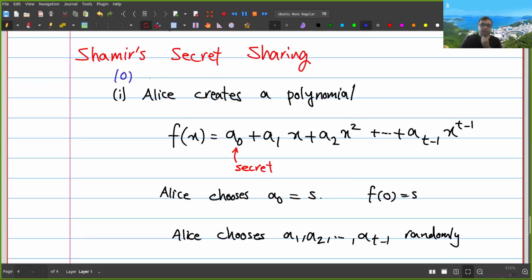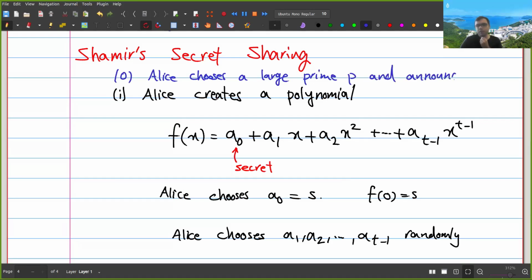So I say that at step 0, Alice chooses a large prime number p and announces this p to all of her friends. And then when I'm doing this calculation, this polynomial is going to be a polynomial over integers modulo p. So all of this is modulo p.